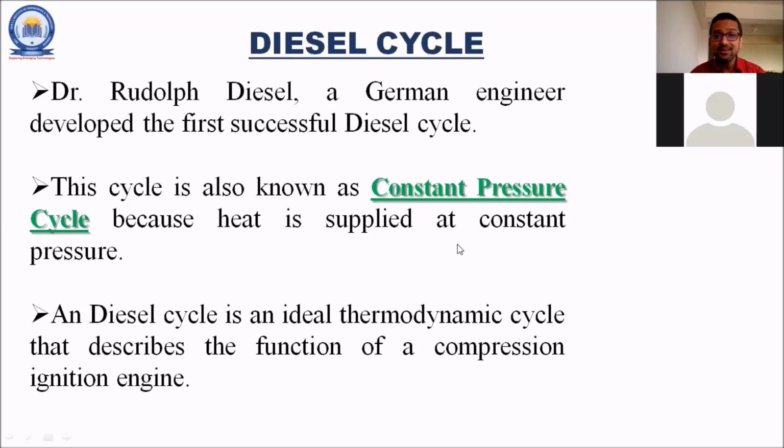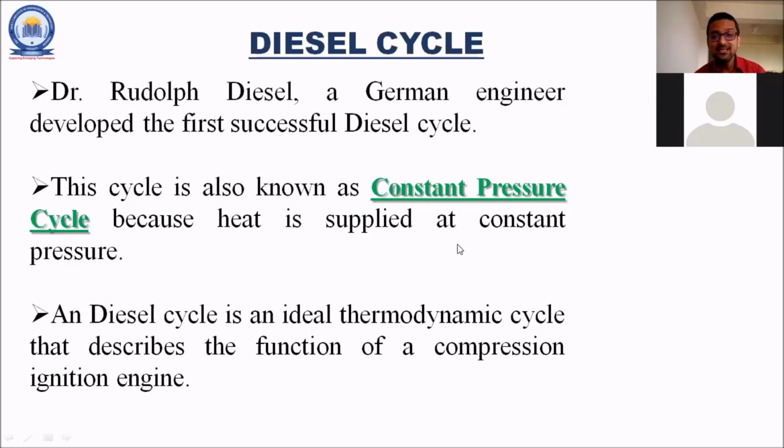But remember friends, in the diesel cycle the heat addition will be taking place at constant pressure conditions. And this is the most important difference between the diesel cycle and the Otto cycle.